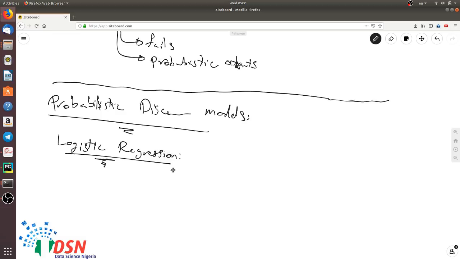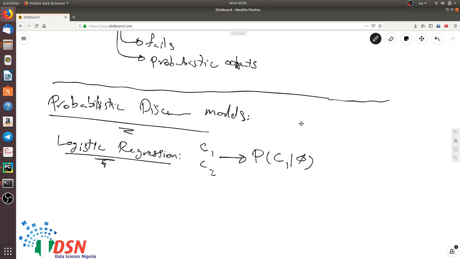In logistic regression, let's say we have two classes, C1 and C2. We want to obtain the probability of class 1 based on our input features.